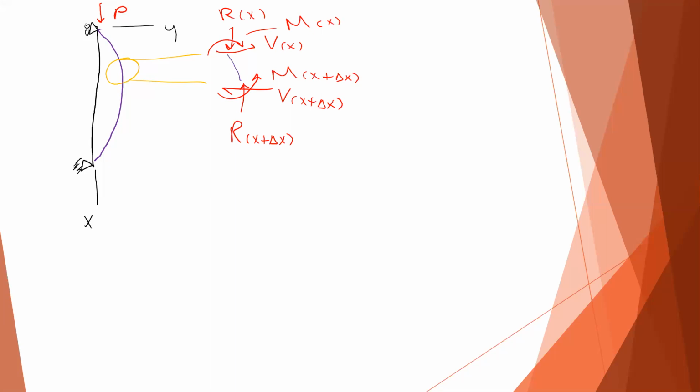We can look at equilibrium to get some information about this member. So we can say that the sum of the forces in the x direction equals 0. Now, mind you, x is vertical in this situation. So that says that R of x minus R of x plus delta x has to equal 0.